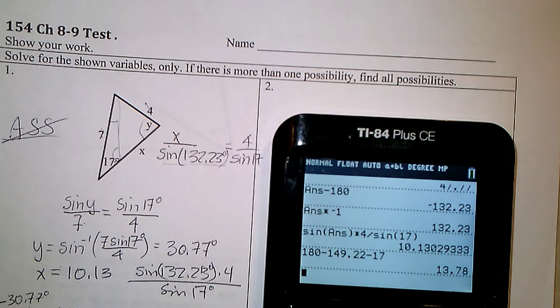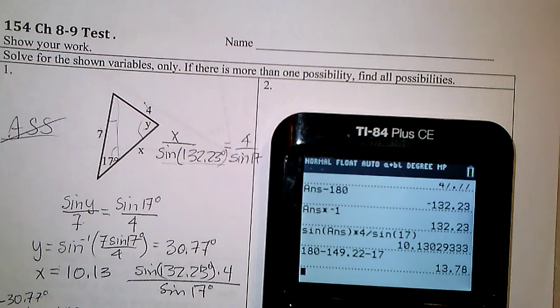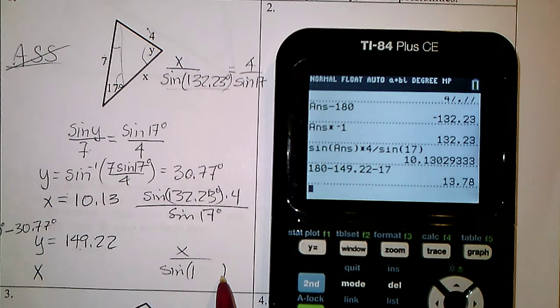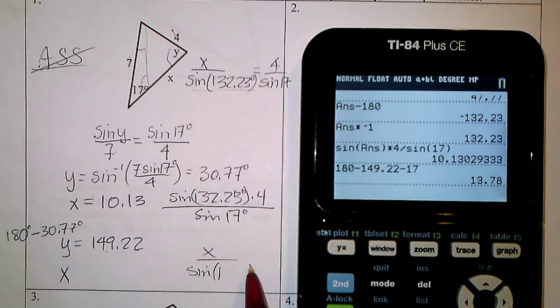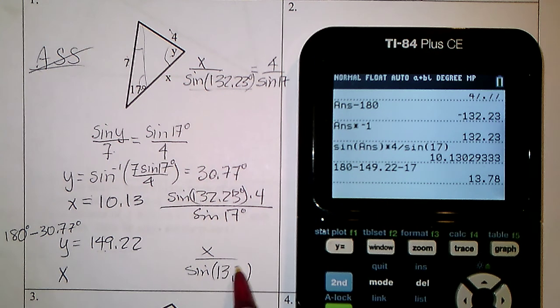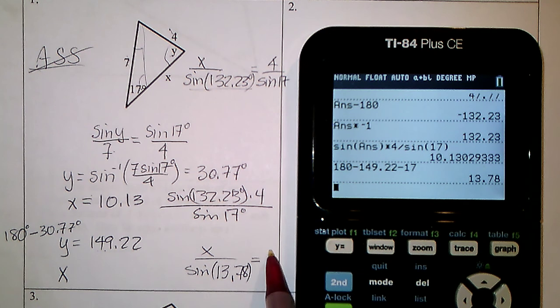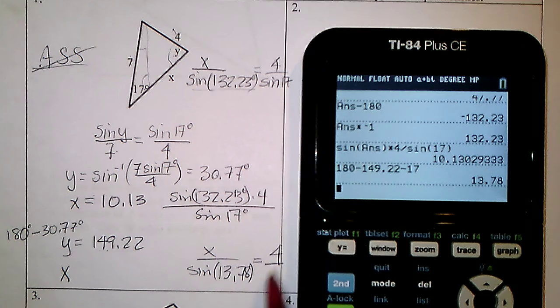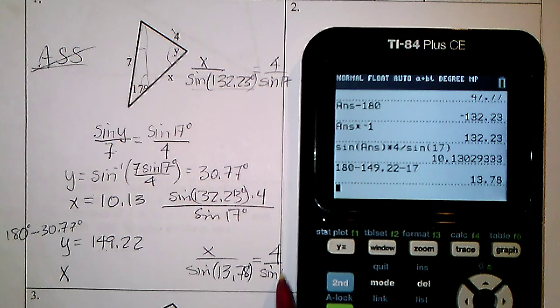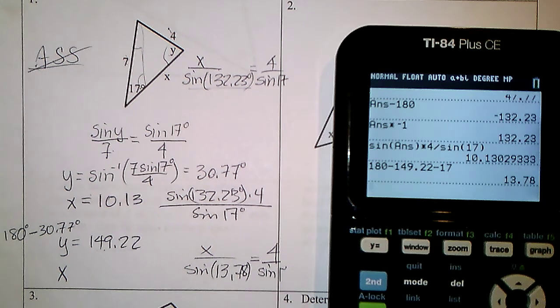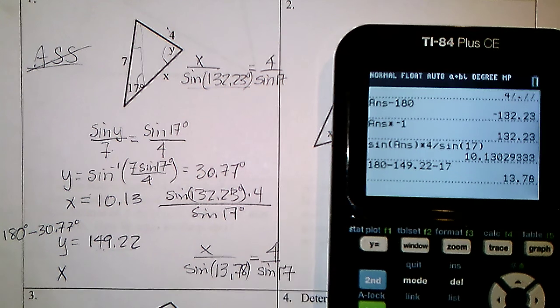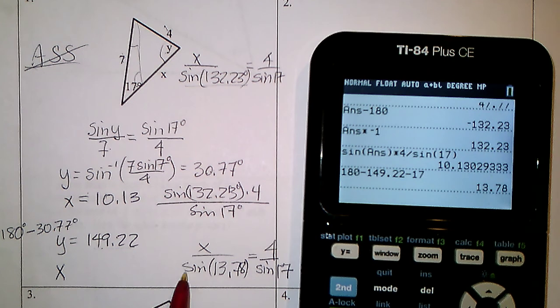So we do the sine of 13.78 equals 4 over sine of 17. And so I'd multiply by the sine of that.